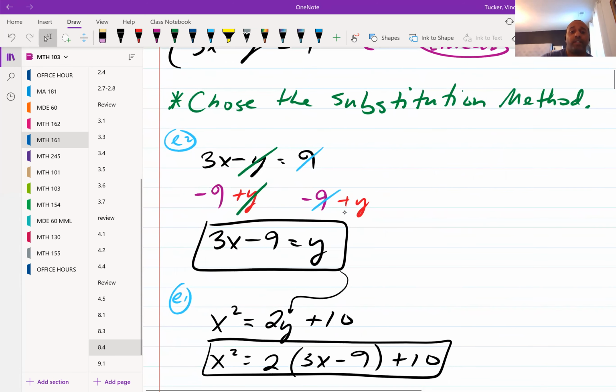Once you found that, you go ahead and substitute into the other equation what y was equal to. So the other equation, equation 1, was x squared equal to 2y plus 10. Go ahead and plug in 3x minus 9 for y, and then we have x squared equal to 2 times 3x minus 9, plus 10.